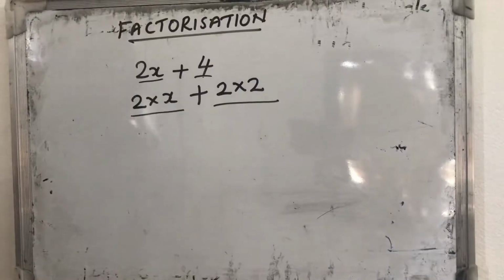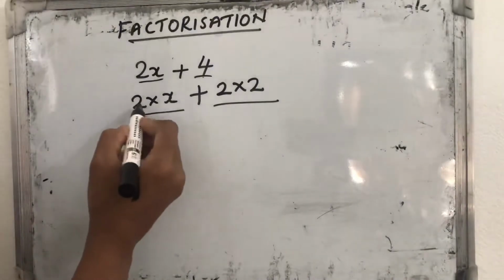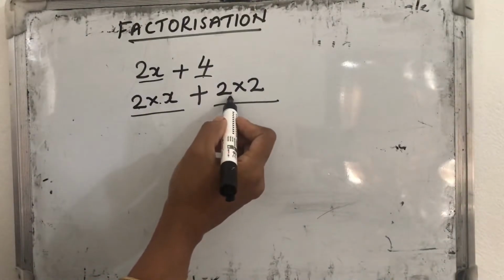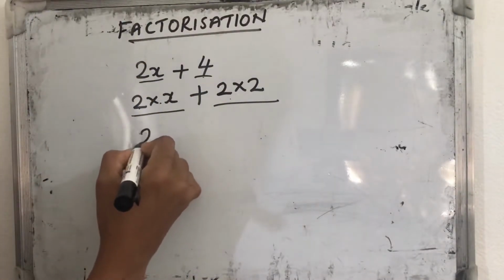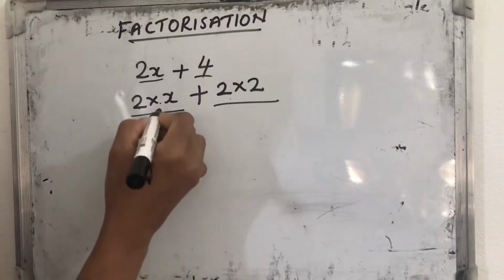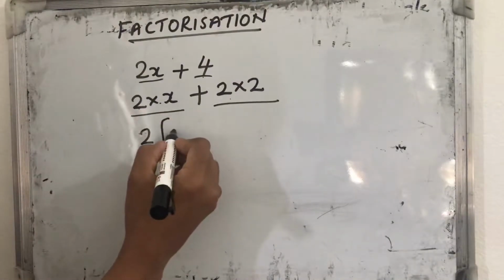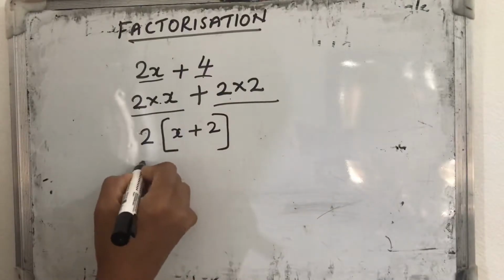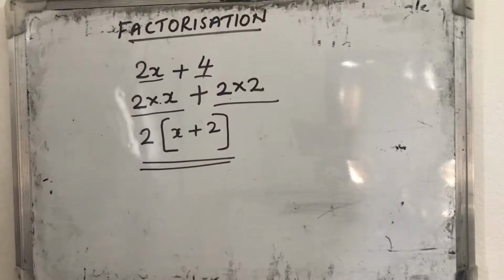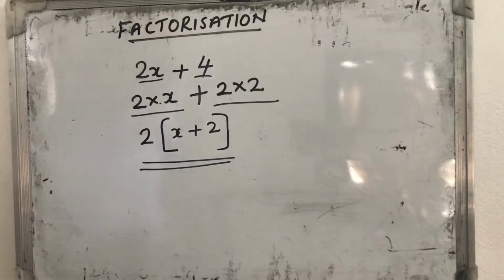Here 2 is the common factor: 2 into x, and 2 into 2. When we take 2 outside, what remains in the first term is x, plus what remains in the second term is 2.